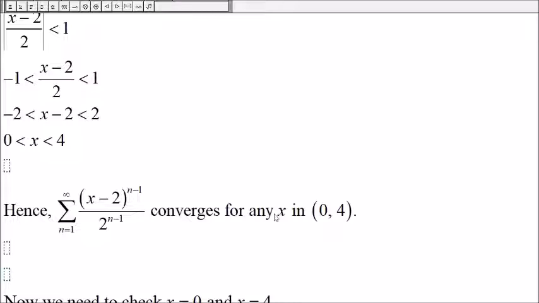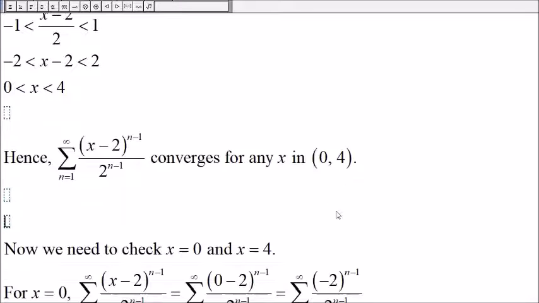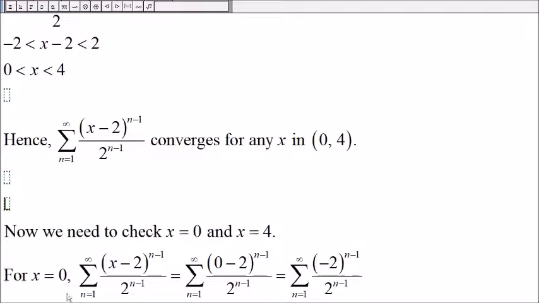And then to get the interval of convergence, we also need to check when x is 0 and when x is 4. So for x equal to 0, in the place of x, we put 0. So this is the power series right here. We get 0 minus 2, which is -2, so we get (-2) to the n minus 1, and the bottom is 2 to the n minus 1.